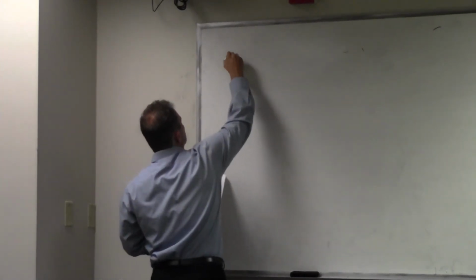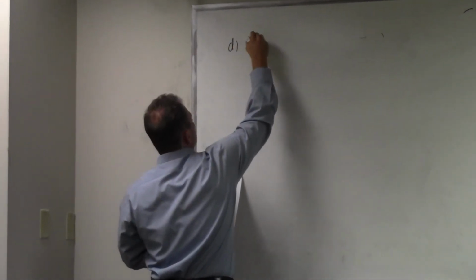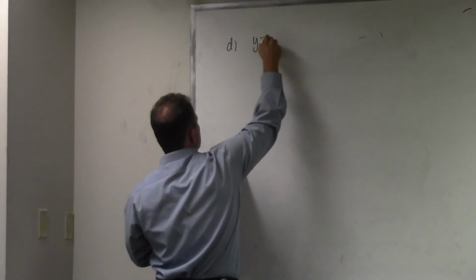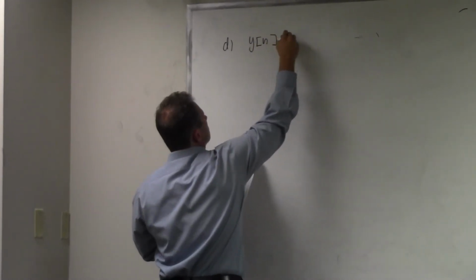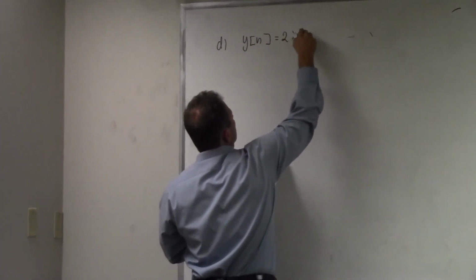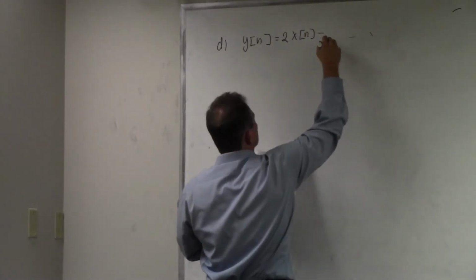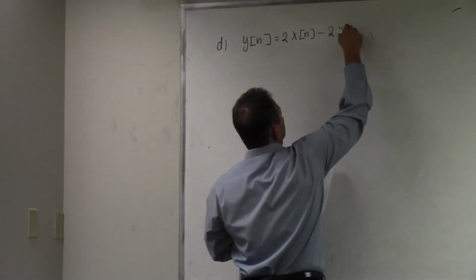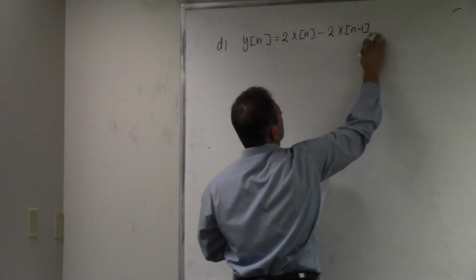That's example D, where the difference equation is y of n equals 2x of n minus 2x of n minus 1.